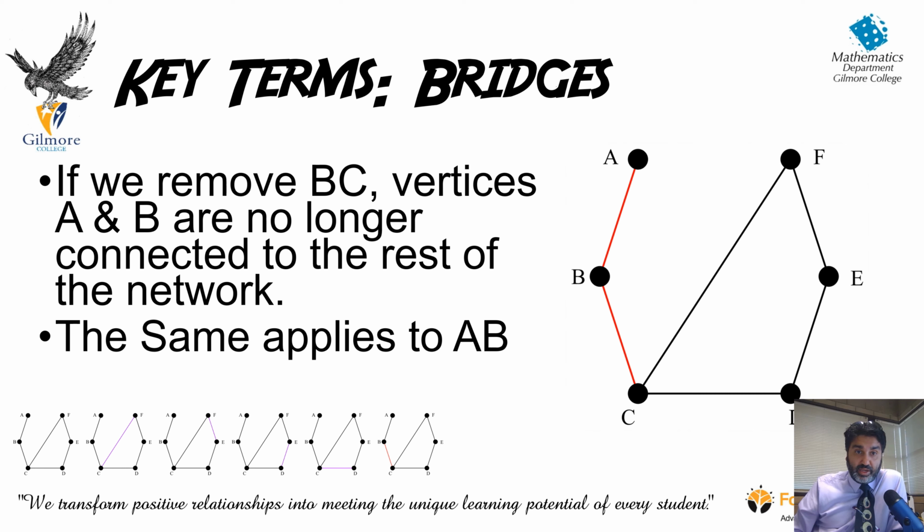The same applies to AB. So if I no longer have that, then I've got A by itself. So A doesn't have any connections at all. So therefore AB and BC are classified as bridges because if we get rid of them, think of it like we'll have an island almost, okay?